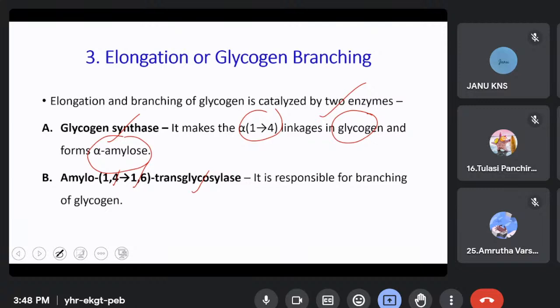Whereas amylo 1,4 to 1,6 transglycosylase, as the name implies, is responsible for the formation of 1,6 glycosidic bonds. Thus, it is responsible for branching.